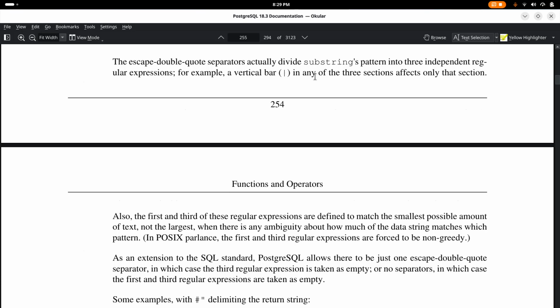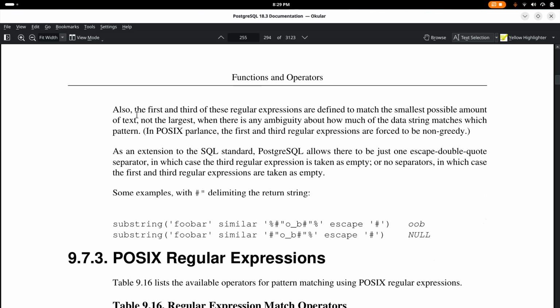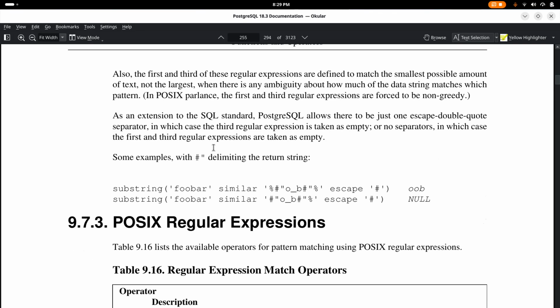For example, a vertical bar in any of the three sections affects only that section. Also, the first and third of these regular expressions are defined to match the smallest possible amount of text, not the largest, when there is any ambiguity about how much of the data string matches which pattern. In POSIX parlance, the first and third regular expressions are forced to be non-greedy.